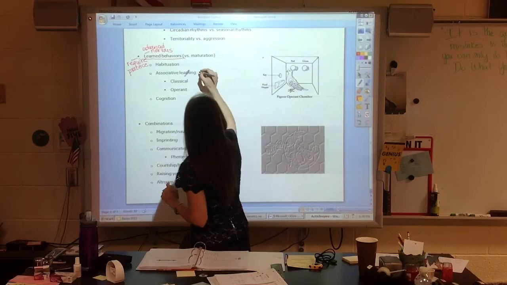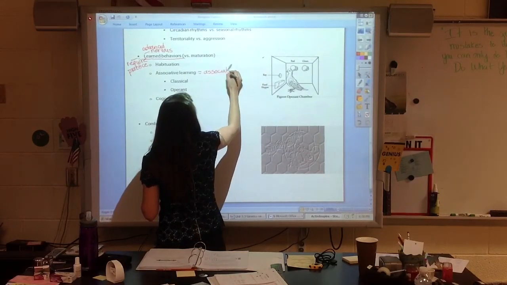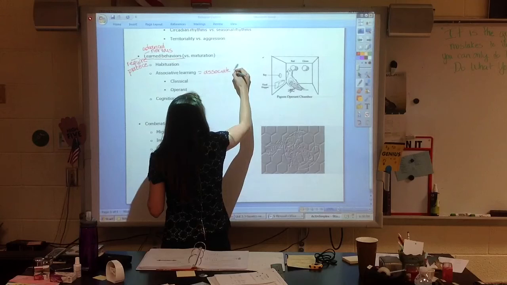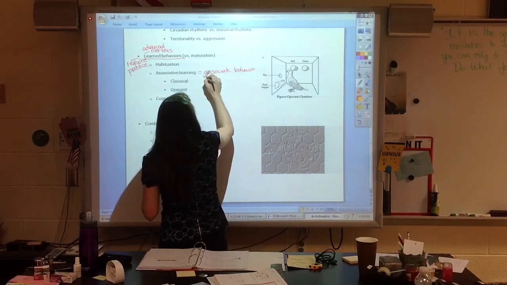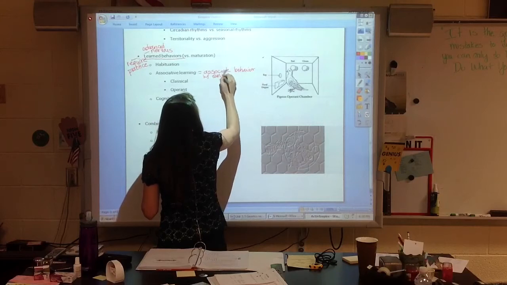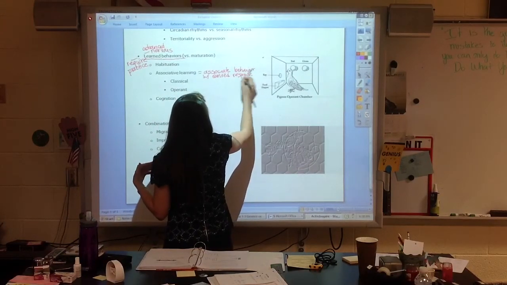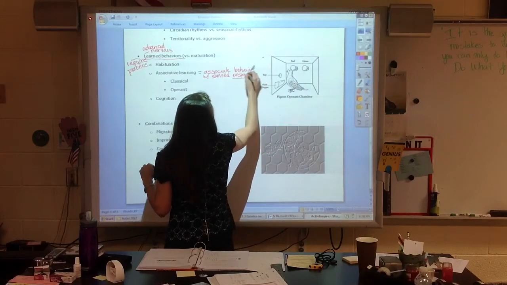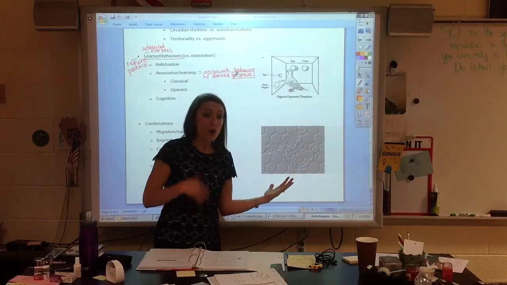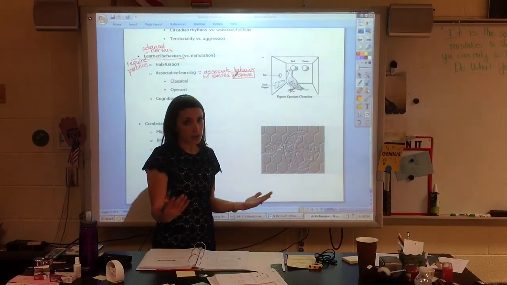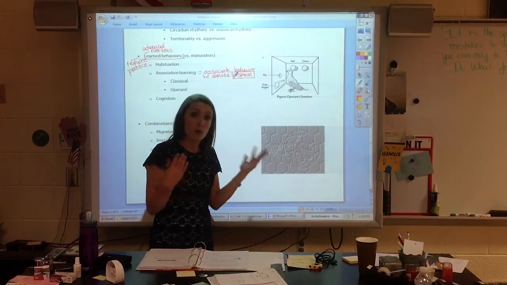Associative behaviors is where you associate a behavior with a desired response. So the organism learns to do a behavior because they're trying to get something. They're either trying to get a reward or avoid a punishment. So they have associated something with either a reward or a punishment.